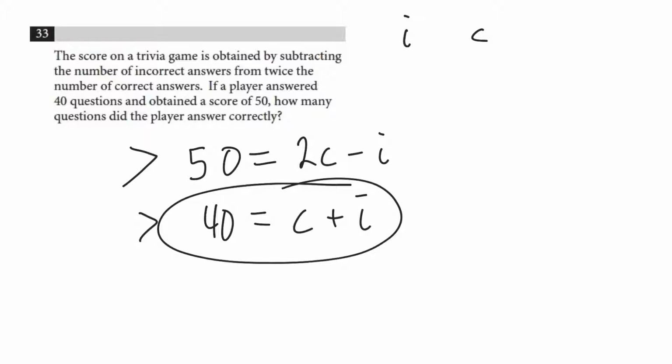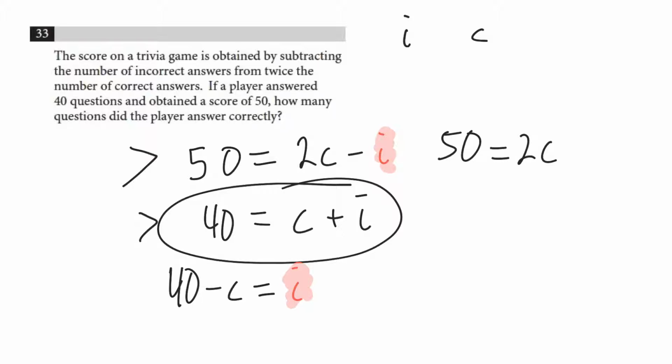So I'm going to subtract C from both sides. 40 minus C equals I. Now I know what I equals, so I can substitute it into the first equation. So I've got 50 equals 2C minus I, where I equals 40 minus C.